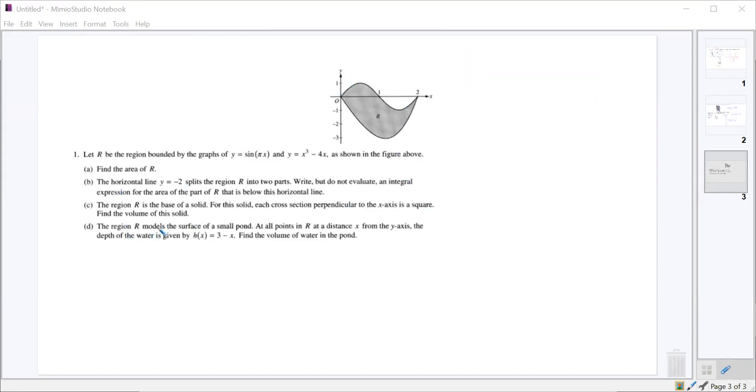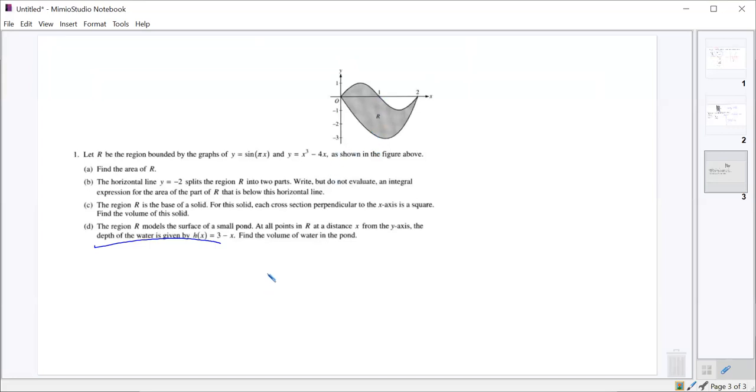But then part D says the region R models the surface of a small pond at all points in R, so in our region, that are a distance x from the y-axis. The depth of the water is given by h of x equals 3 minus x. So we are looking for the volume, which should be whatever the cross-sectional area is, which is just going to be our depth here of 3 minus x times the length of the cross-section, which is r.